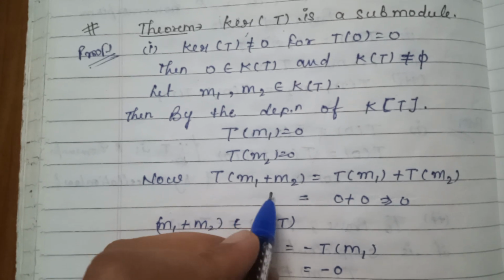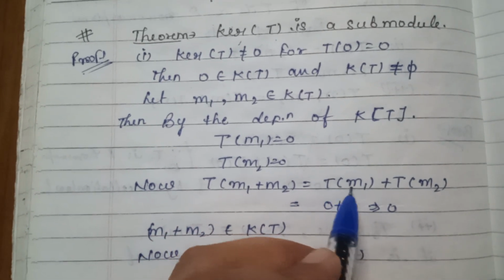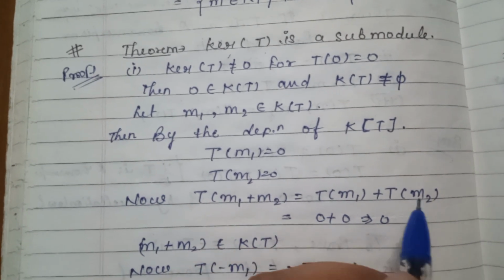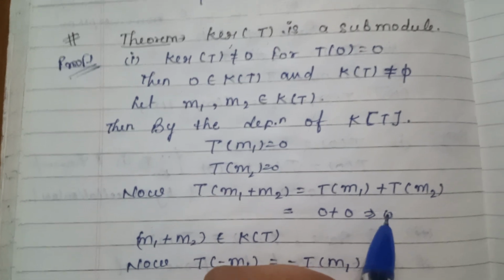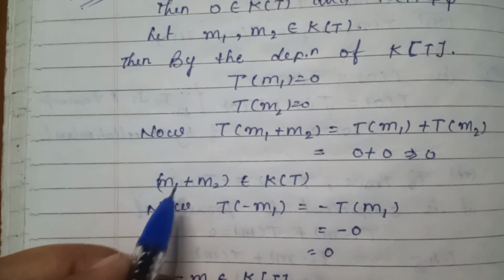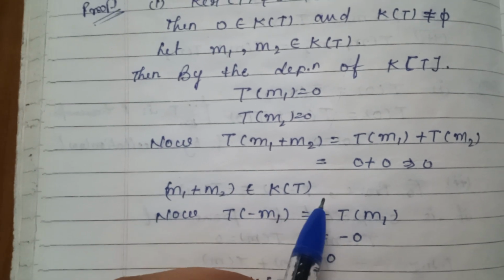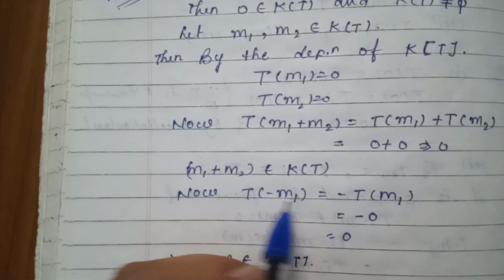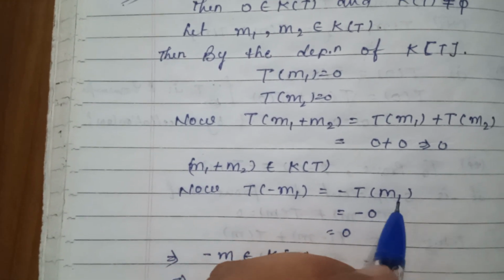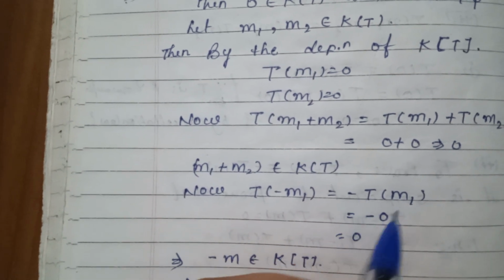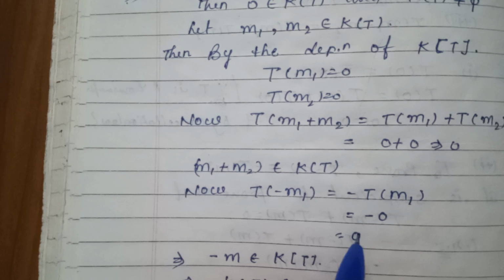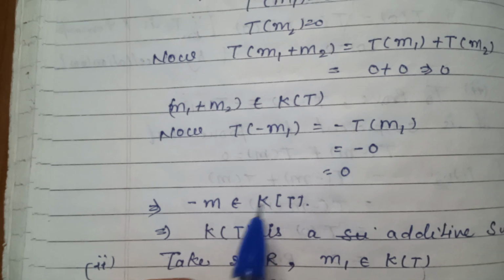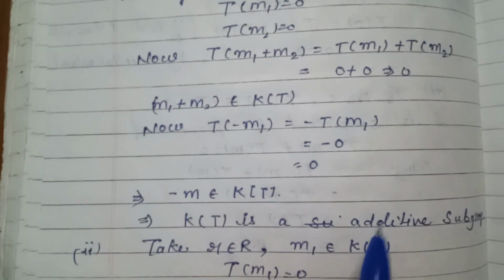Now T(m1 plus m2) is equal to T(m1) plus T(m2). So in place of T(m1) we put 0, in place of T(m2) we put 0, which implies 0. Now m1 plus m2 belongs to KT, kernel of T. Now T(minus m1) is equal to minus T(m1). Okay, so in place of this again we put 0, so minus 0 which is equal to 0. Here minus m belongs to kernel of T, KT, so KT is an additive subgroup.